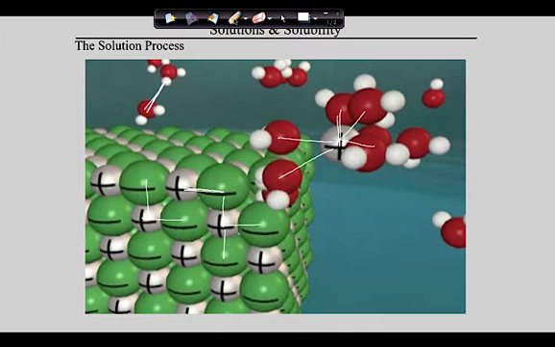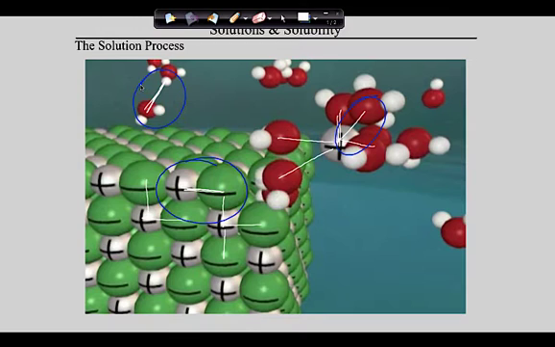The question that you've got to be able to answer is why. You ready for the answer why? Guys, the reason that table salt dissolves in water is simply this. Because this is stronger than this and this added up. That's it. That's why salt dissolves in water.